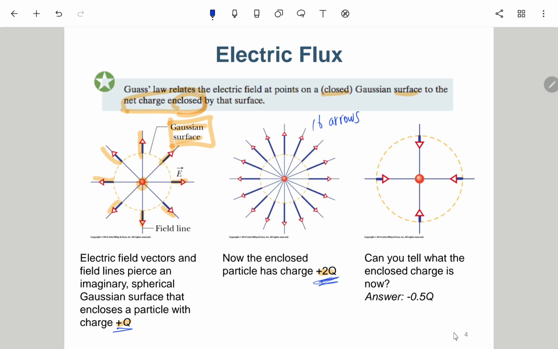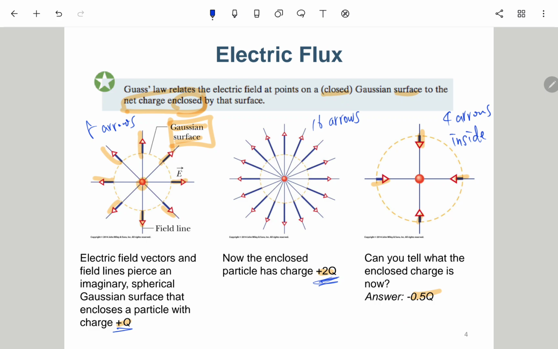Okay, so for the third case, if we have a negative 0.5 Q, we only have 4 arrows pointing inside. So inside and outside are important, and the number is also important. Here we have 8 arrows, 16 arrows for this case, and 4 arrows for this case.